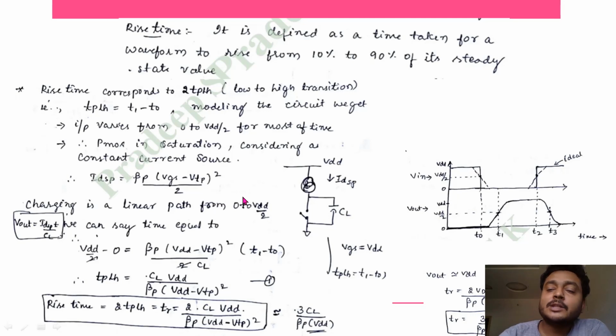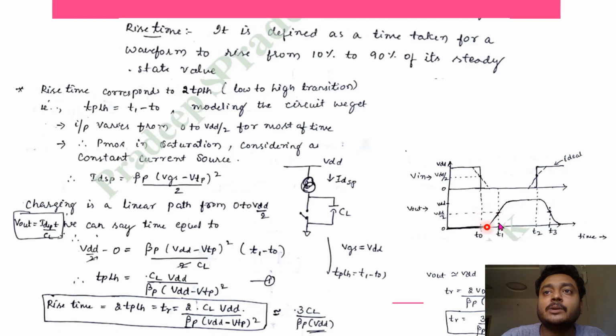Okay. So when you go here, VDD is going to pass and charge your capacitance through this PMOS transistor, and most of the time it will be a linear path charging. I'm considering only TP low to high, so it is charging from 0 level to VDD by 2 level.